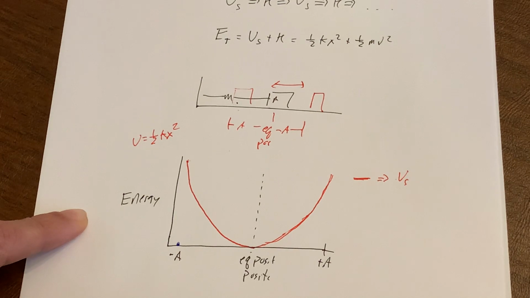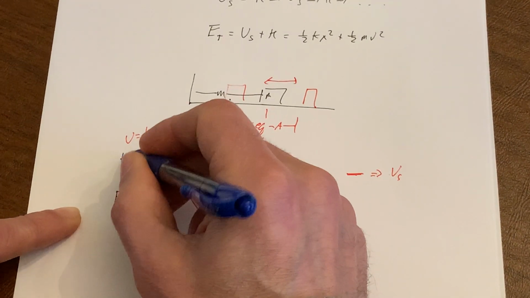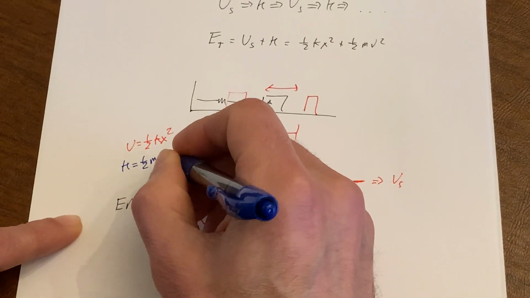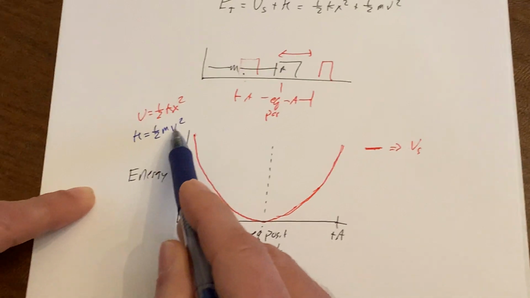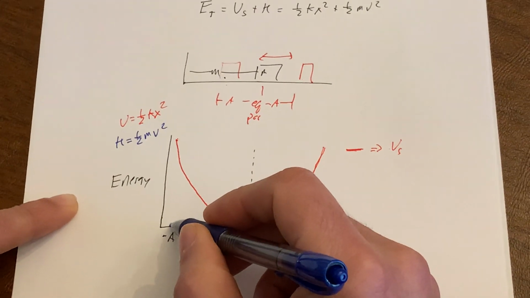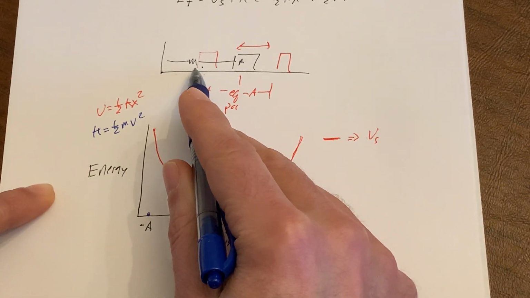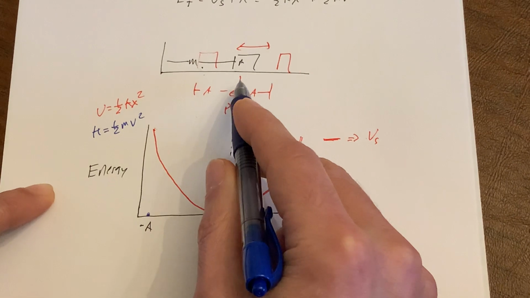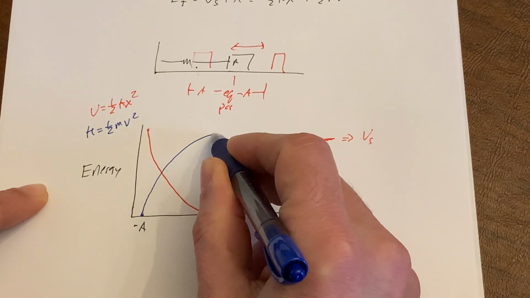How does kinetic energy behave? 1/2 mv squared. Lo and behold, kinetic energy is also dependent upon something that's raised to an exponent. So what is that graph going to look like? What's going to happen to my velocity as I start to make my way back to my equilibrium position? If you guessed this, you are correct.